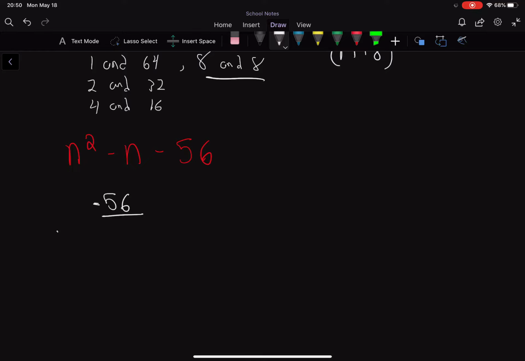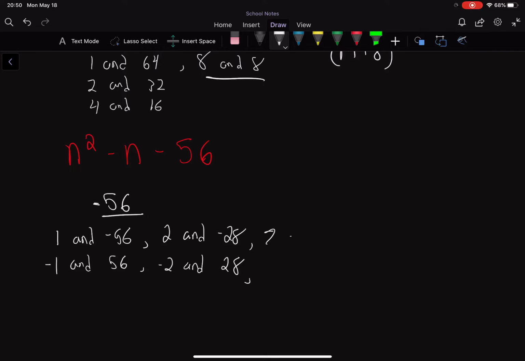We've got 1 and negative 56, negative 1 and positive 56, 2 and negative 28, negative 2 and positive 28, then we have 7 and negative 8, negative 7 and positive 8.